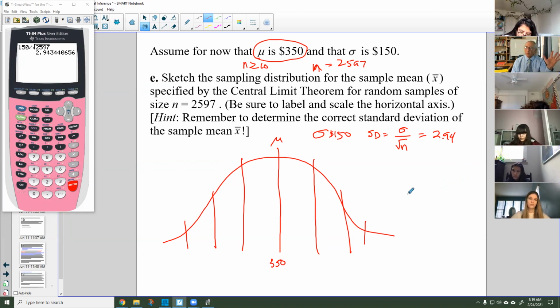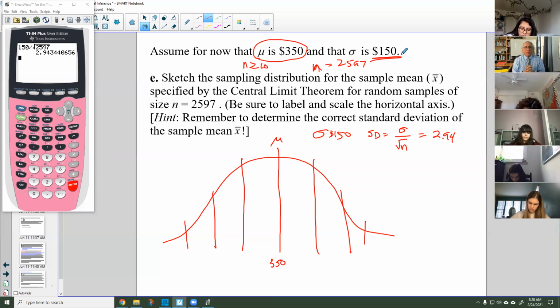You're just going to get it completely wrong if you don't remember to calculate the standard deviation for the sampling distribution. This 150 is for the entire population of American shoppers, and it's saying a sample size of 1. If I pick one person at random and another person at random, and I do it a bunch more times, taking only one person at a time, the average difference between them is going to be $150.